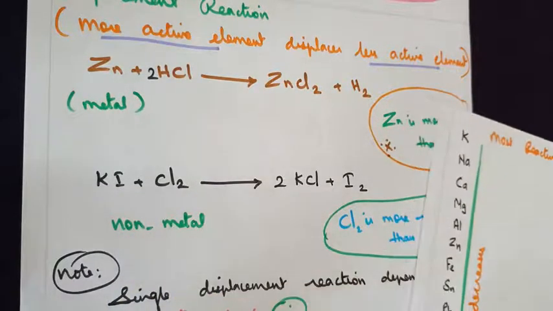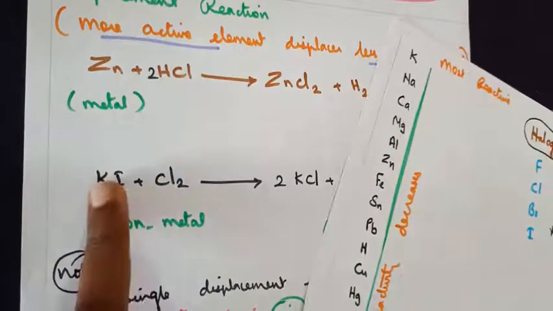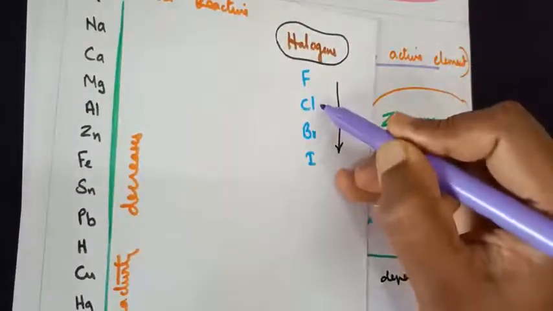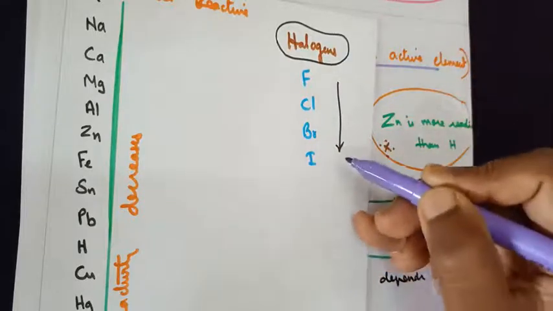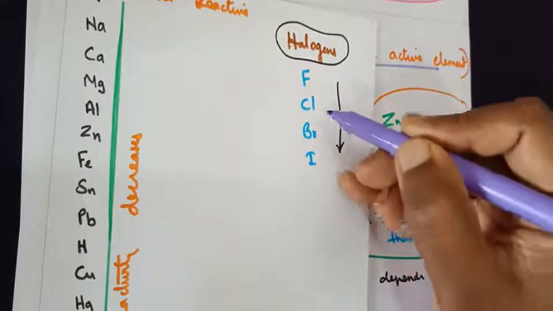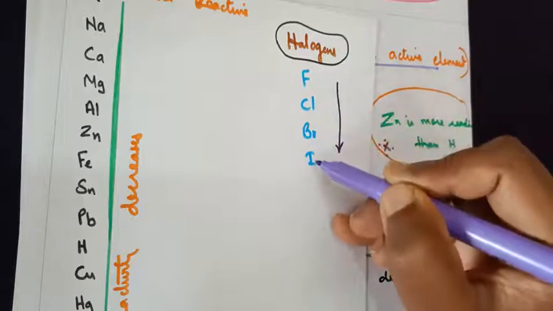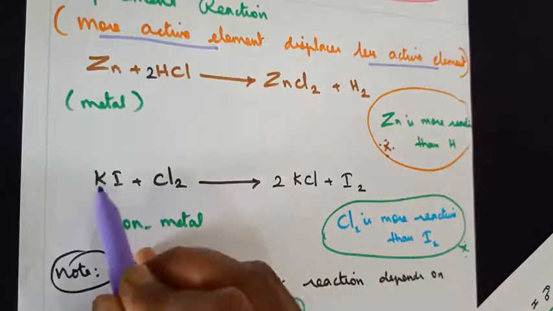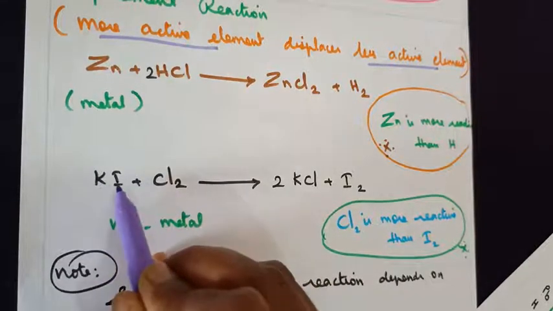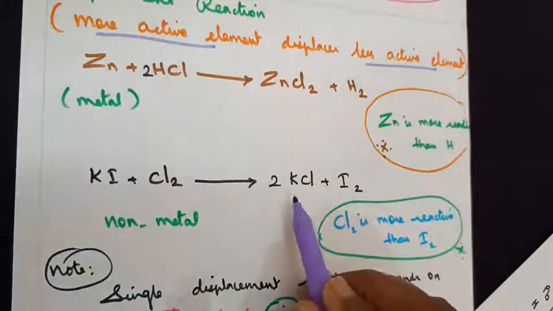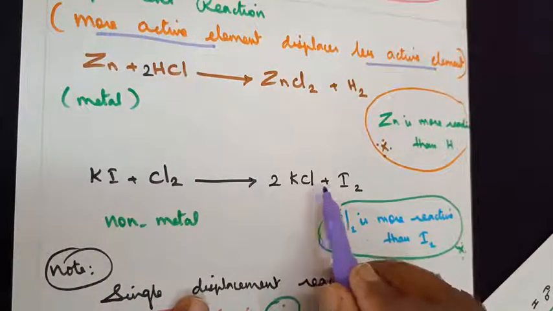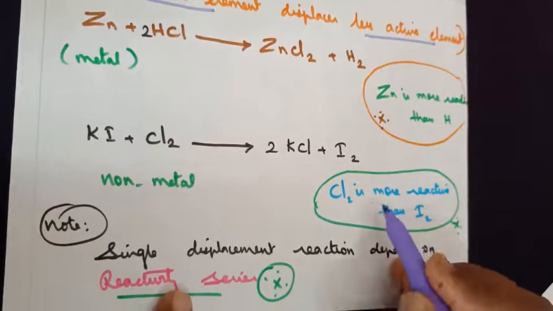Chlorine is also a halogen. But between the two, which has a better ability to combine with potassium? Chlorine is more reactive. Coming down the group, reactivity decreases. So chlorine is more reactive than iodine. Hence, chlorine combines with potassium and leaves out the iodine. So we get the products potassium chloride and iodine. And that's the point I have written.